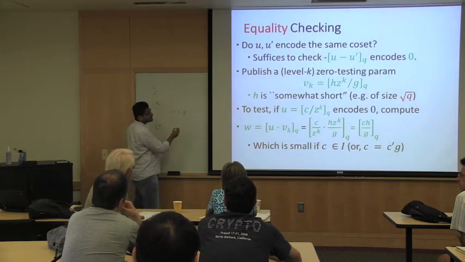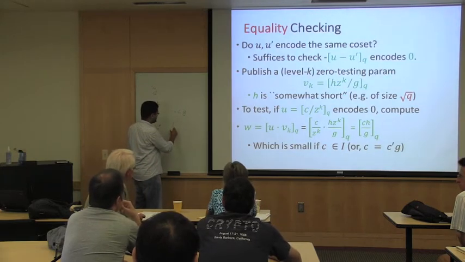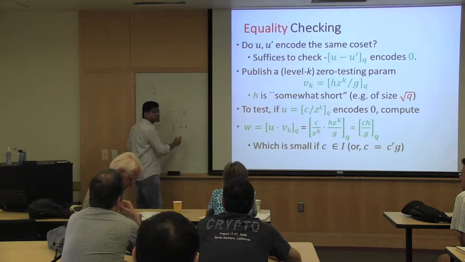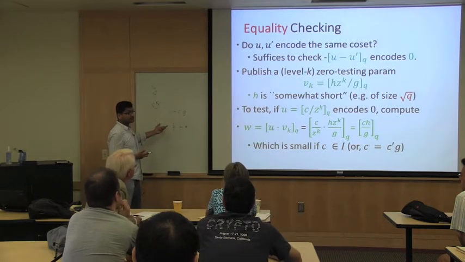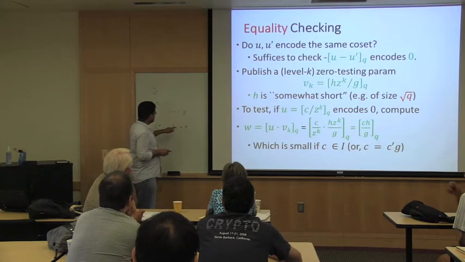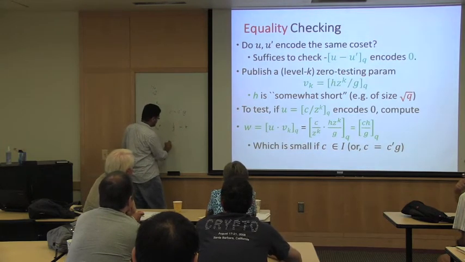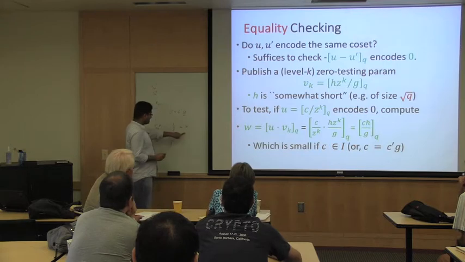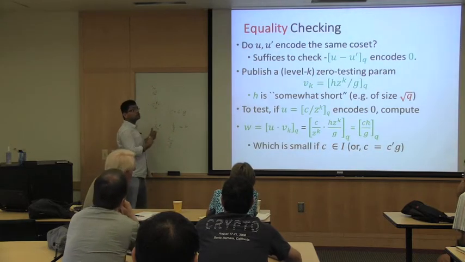And if I look at 1 by g in K, the field of fractions, it's the cyclotomic field. Then if you look at c by g within K, it's also going to be in R.